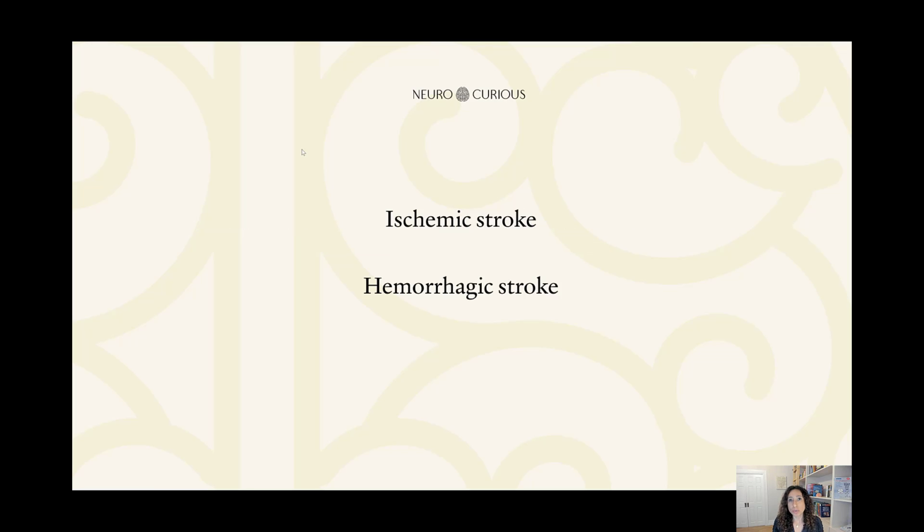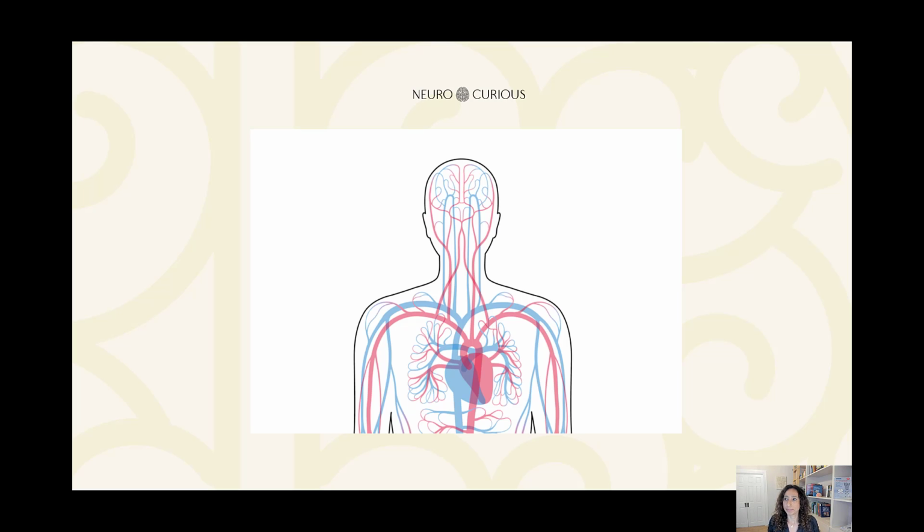There are two main types of strokes: ischemic stroke and hemorrhagic stroke. So let's look at our picture. We are looking at a person from the chest up. Observe how the blood vessels of the brain come from the heart. It's all the same system.